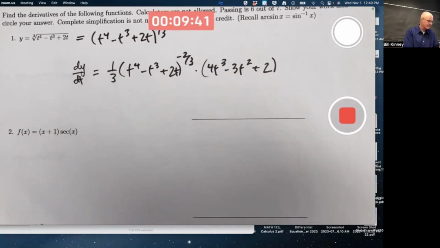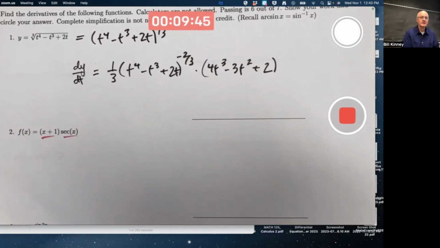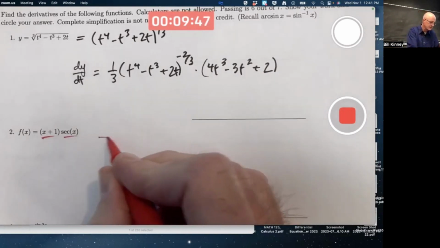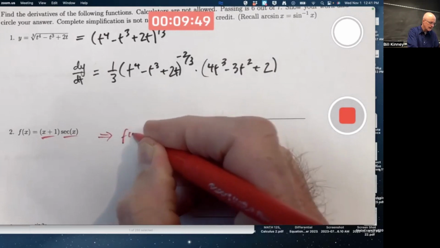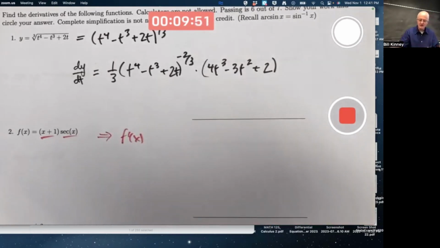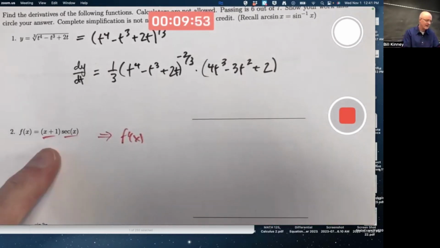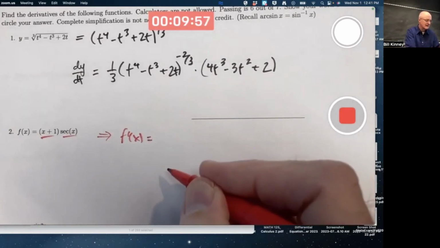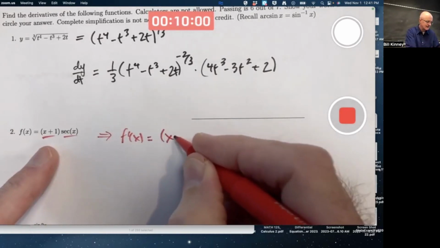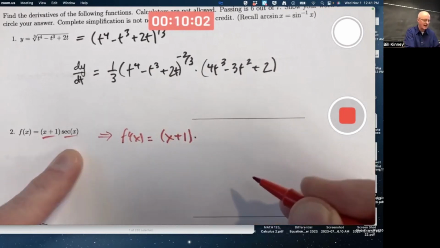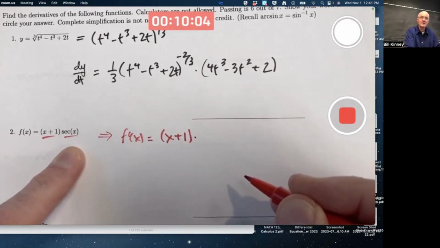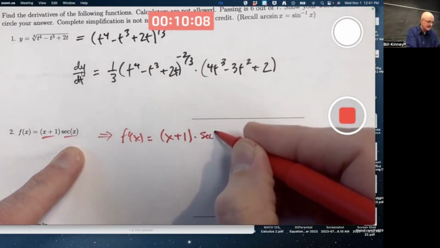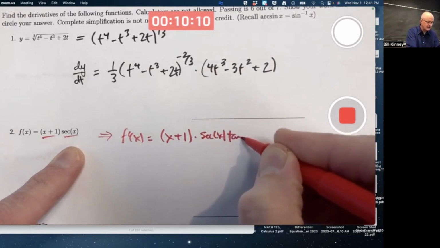Next problem. This is a product of two functions. The quickest way to do this is with the product rule. We have a left function, x plus 1, and a right function, secant of x. Left, d right, I need the derivative of secant of x, which can be memorized to be secant of x times tangent of x.